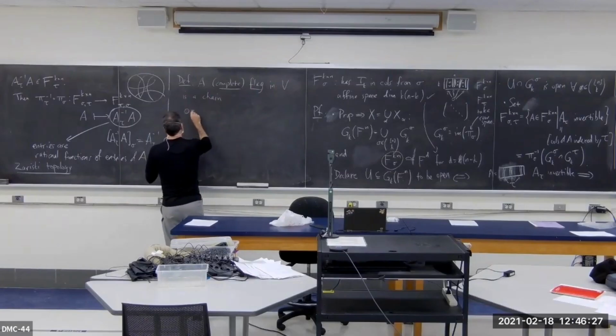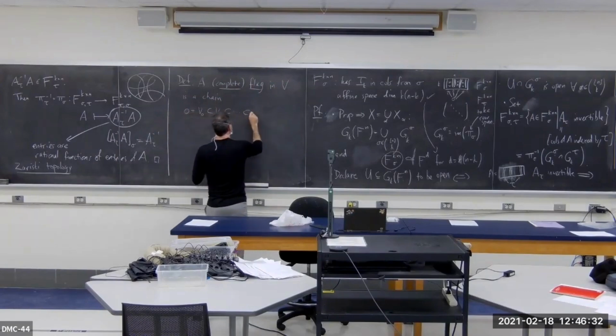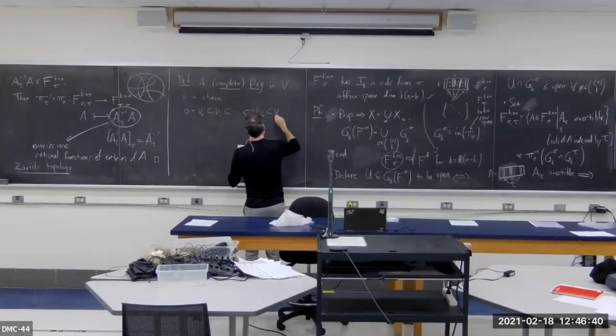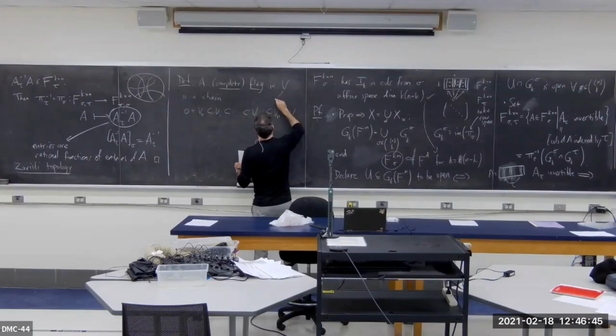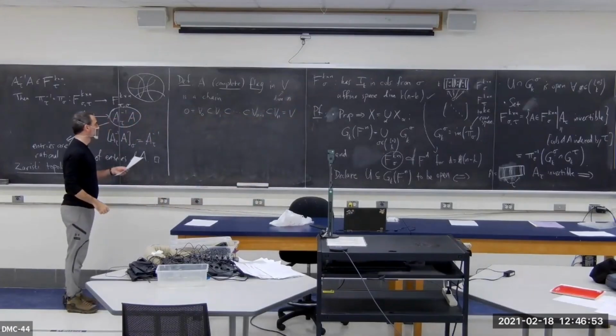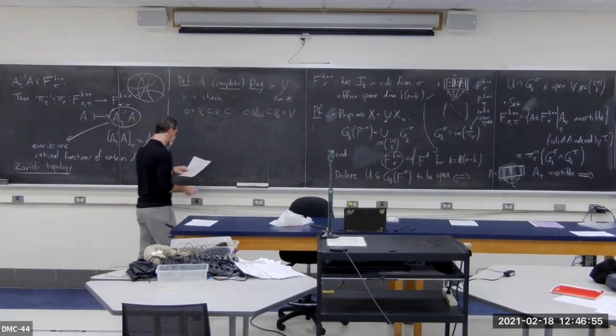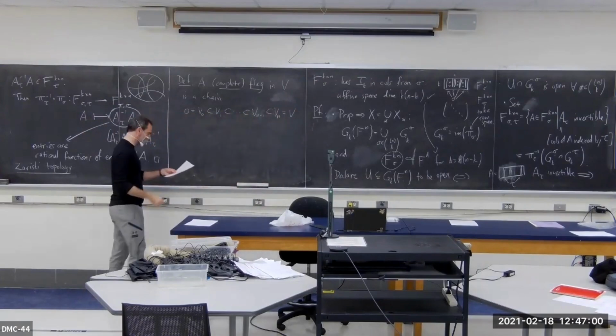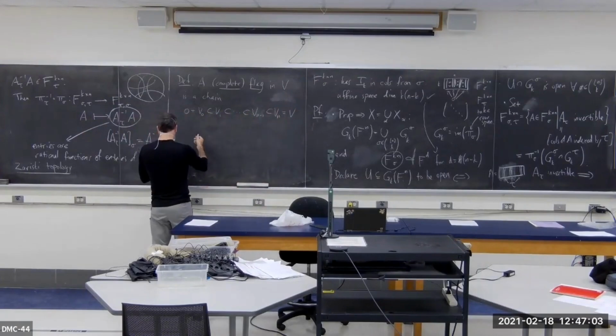It's going to be 0, that's V0, contained in V1, contained in ... contained in V n minus 1, contained in Vn, which is V. So let's say this thing has dimension n, just so that we know what n means here, is a chain of subspaces. You'll actually only have to say this. I don't have to say that. You'll see in a second why I don't have to say that. Of subspaces.